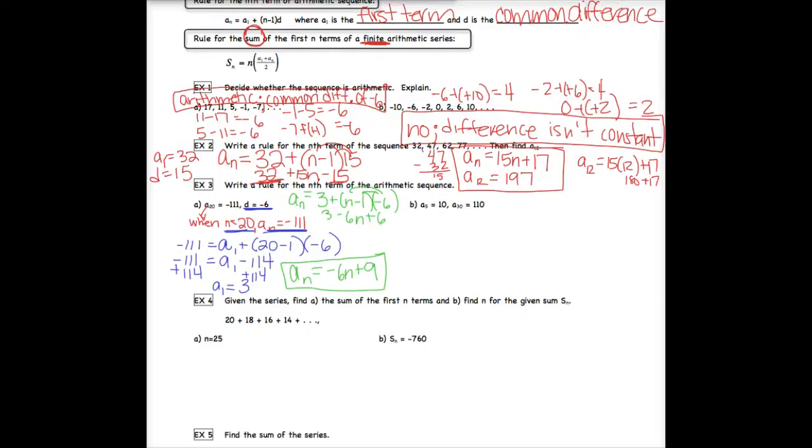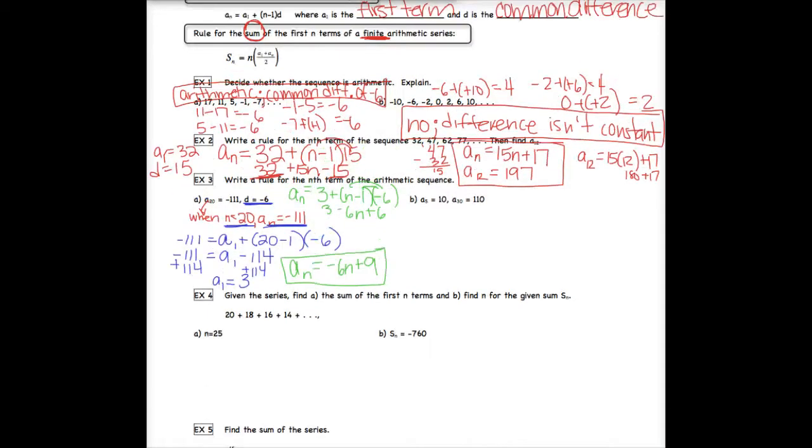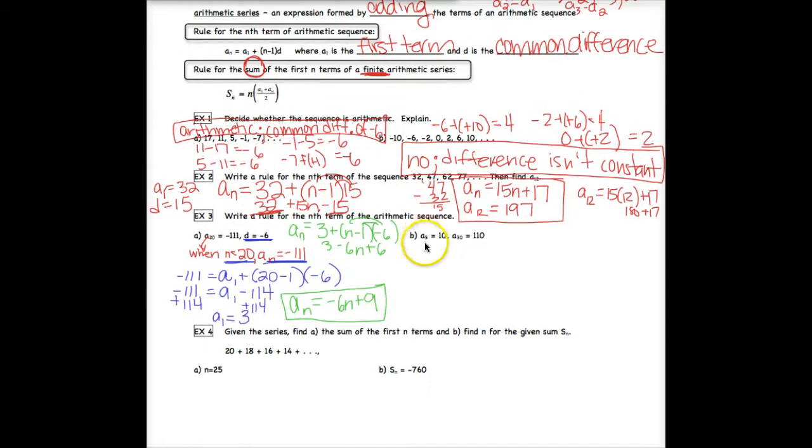B, similar idea, but again, I'm given different pieces. I'm told a sub 5 is 10. So that means when n is 5, a sub n is 10. Okay, this information, it's the same thing except different numbers. So when n is 30, a sub n is 110. So I'm going to plug that in.